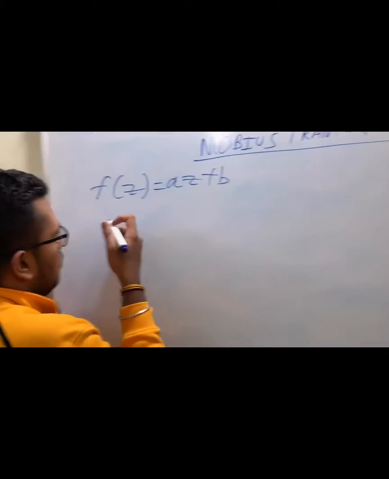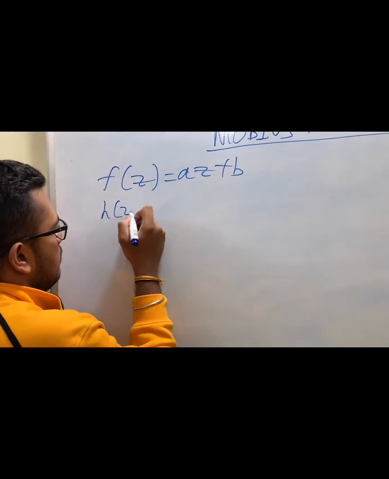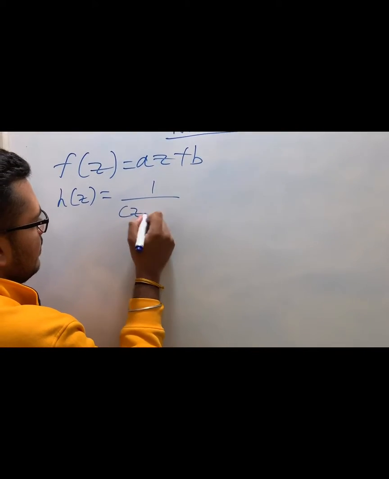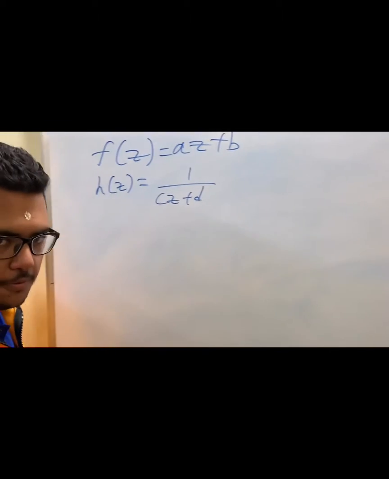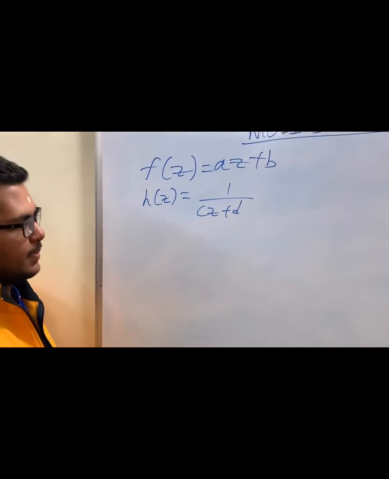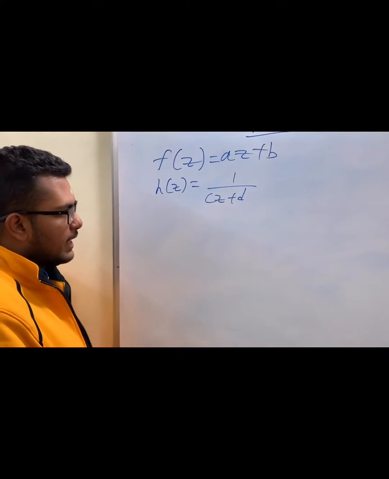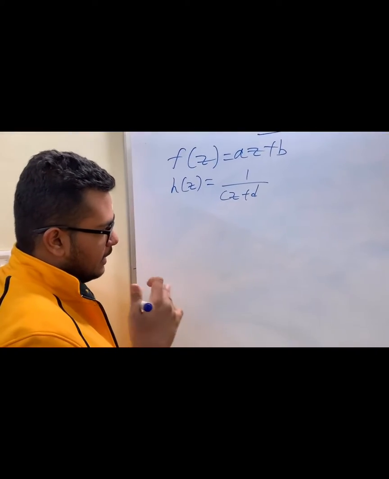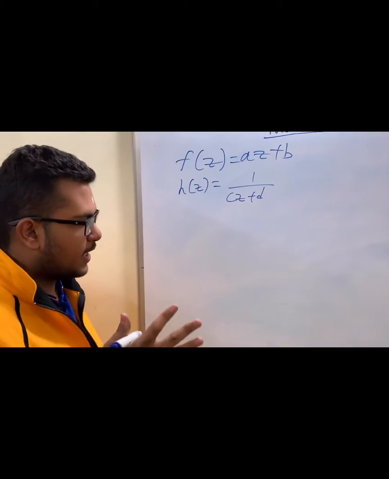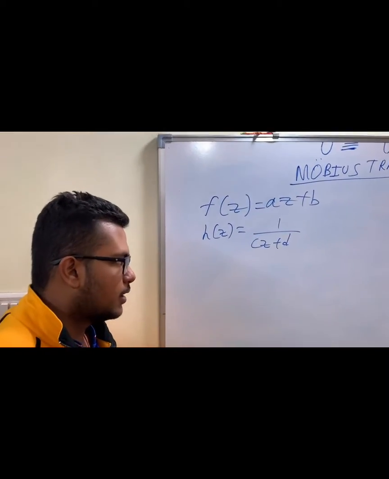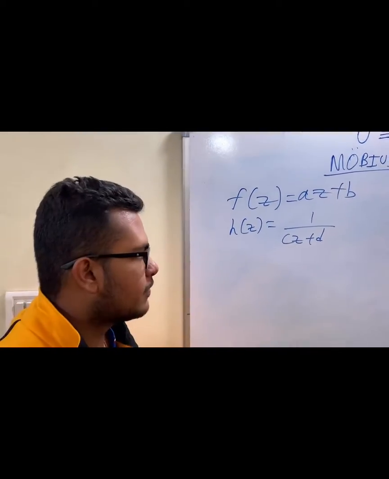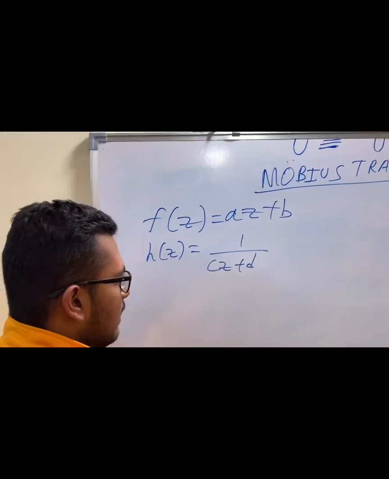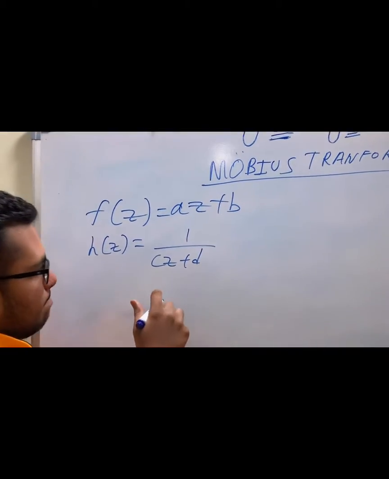Let's say there is some mapping h of z, which is 1 over cz plus d. What about this kind of mapping? Again, it maps every point in the Argand plane to some other point in the Argand plane. But there is one thing which this mapping has and the previous mapping does not have: it maps points at infinity.